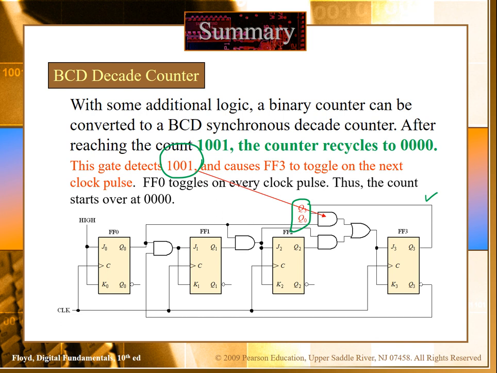To make it reset, we introduce this one here. Otherwise we can count the last one like Q0, Q1 and Q3 high, that's enough. But to reset after this condition, we introduce this here, and then we OR and go to the next one. So that is the BCD decade counter.